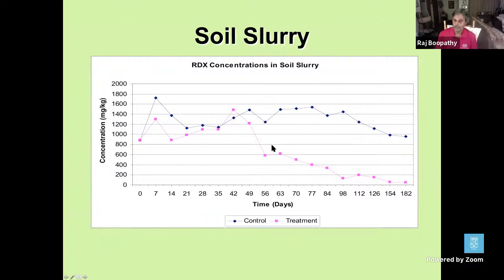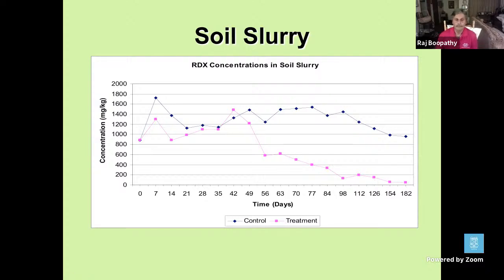After 2 months, RDX in the soil went down in the reactor with molasses. In the reactor without molasses, it just hung around, and nothing happened, right? So with co-metabolic conditions, the RDX went down after 2 months of reactor. In the first 2 months, we were debating whether to stop the experiment or keep going. But we said, let's go for 6 months like the TNT, and eventually it went down.